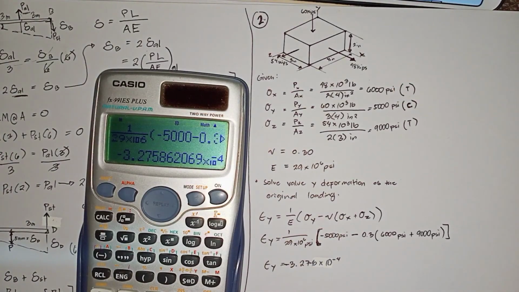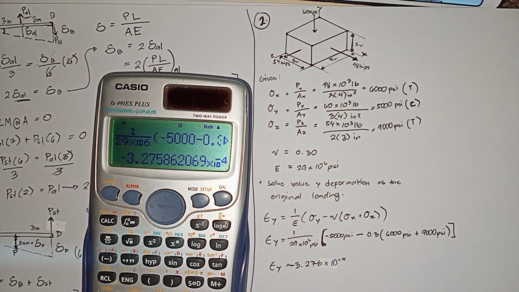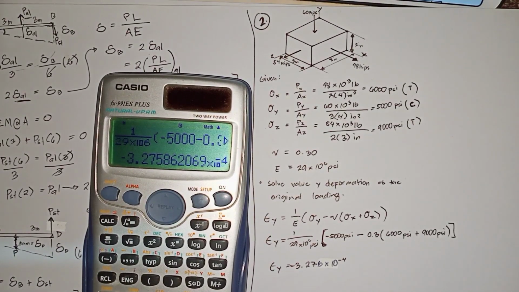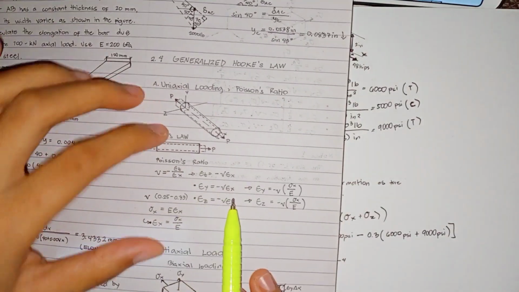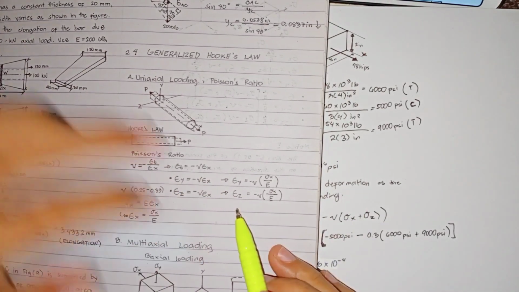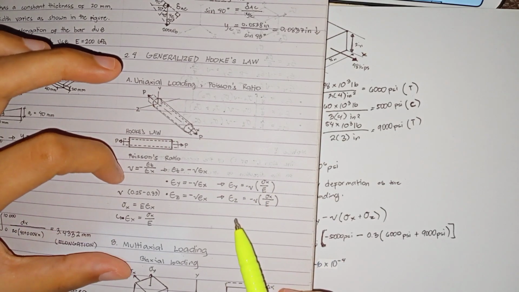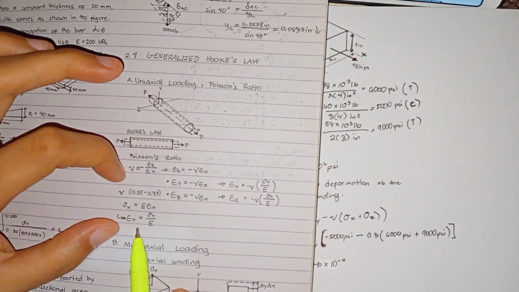So, kapag single loading, therefore, ang sinosolve natin dito is uniaxial. Di ba meron tayong uniaxial and multi-axial? So, nandito yung formula natin. Ito yung ating uniaxial. Ang formula natin para sa single loading is ito.